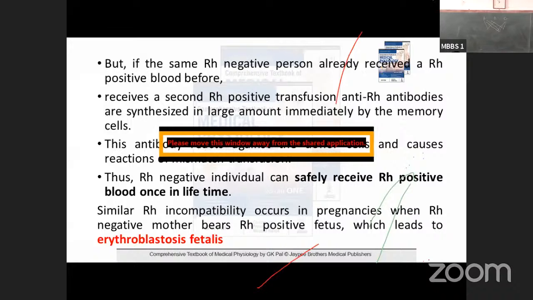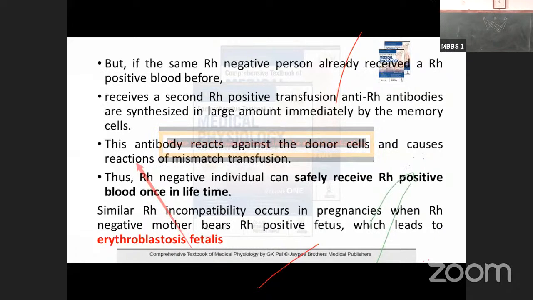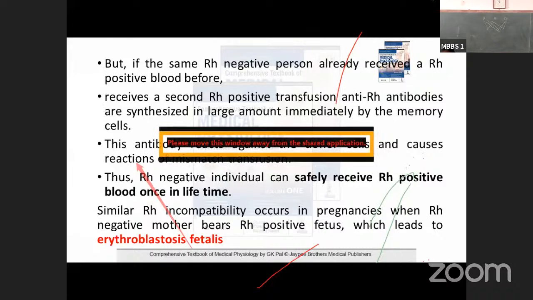There is leakage of blood from the uterus into the mother's circulation, and there is development of antibodies in the mother's circulation. Because these are IgG type antibodies, they cross the placenta.